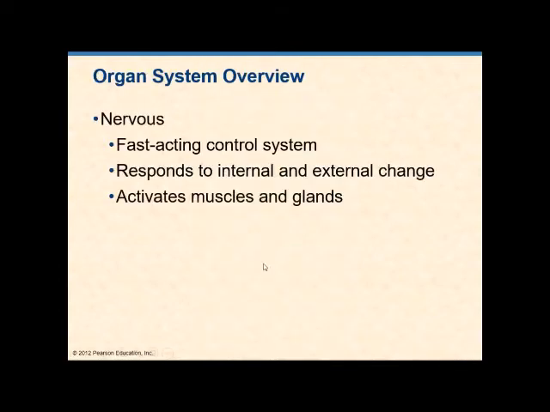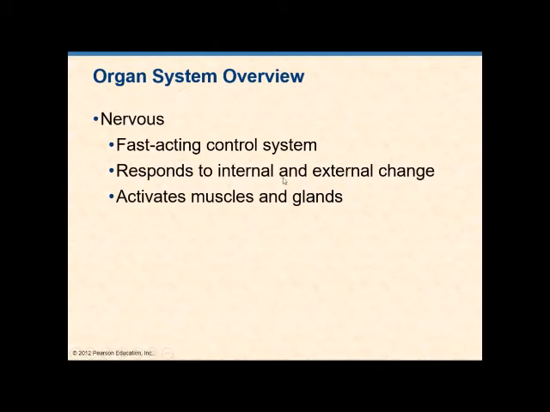The nervous system is part of our control systems. We have two: the nervous system, and we also have the endocrine system. The endocrine system is slow acting, but the nervous system is fast acting.